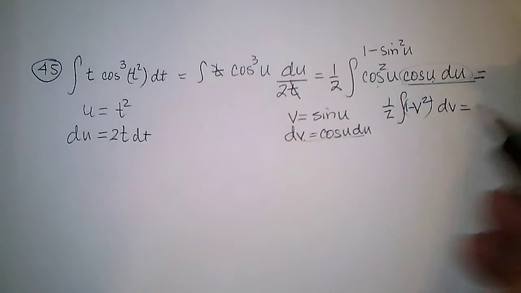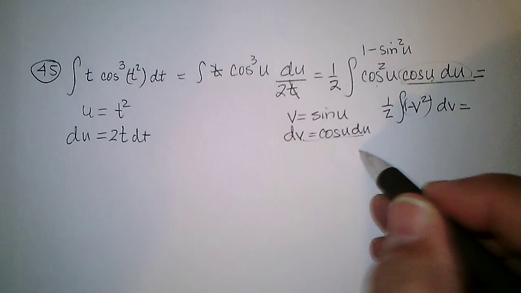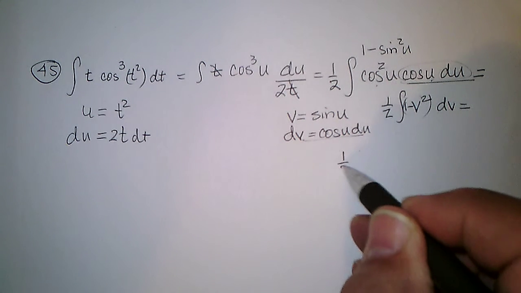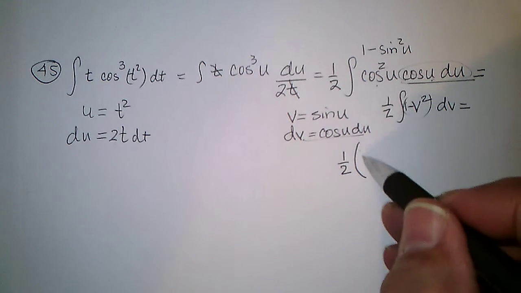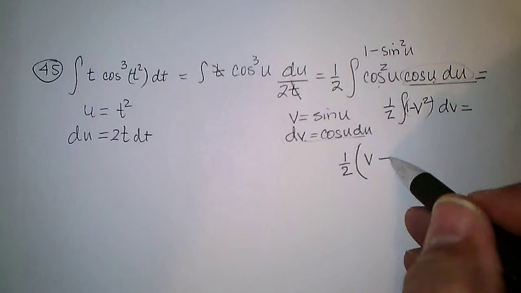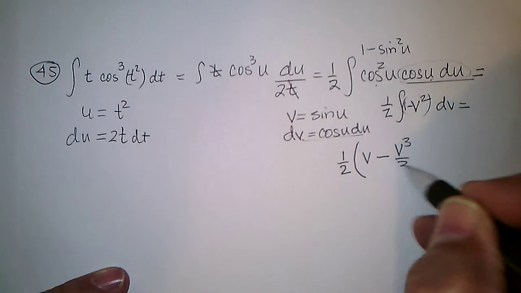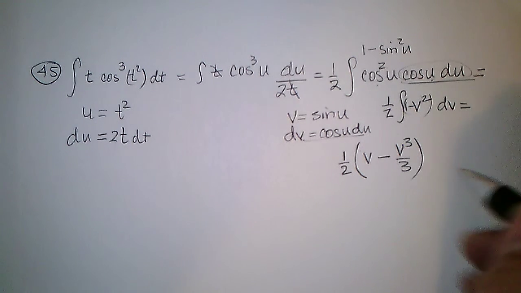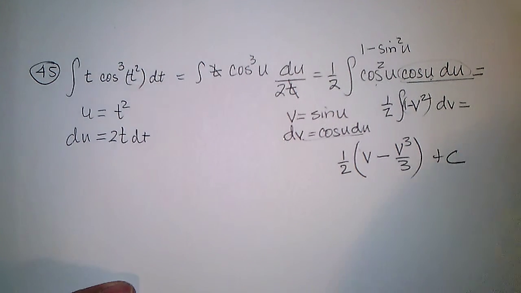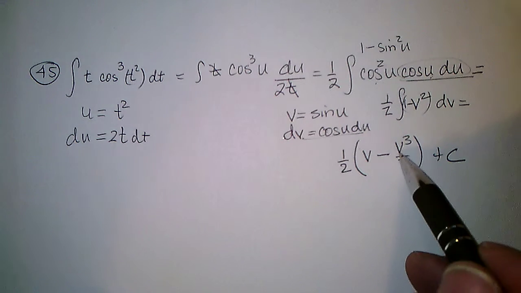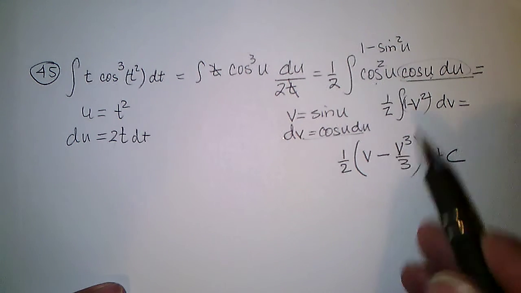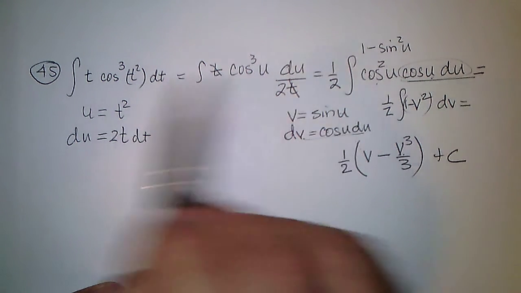So if I integrate the 1, I have a half already. 1/2, the integral of 1 is v, minus the integral of v squared is v to the third over 3, and then plus c. But we need to go back a couple of steps. We've got to take it back to u's and then back to t's.